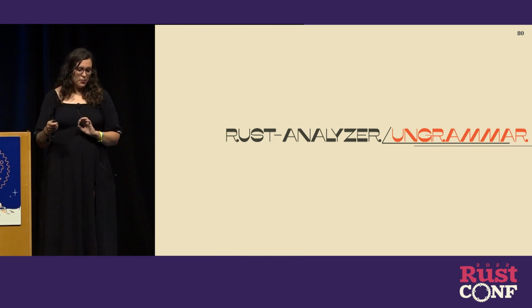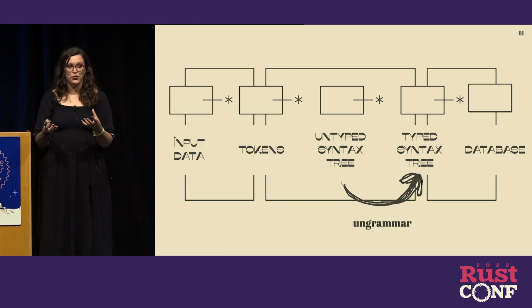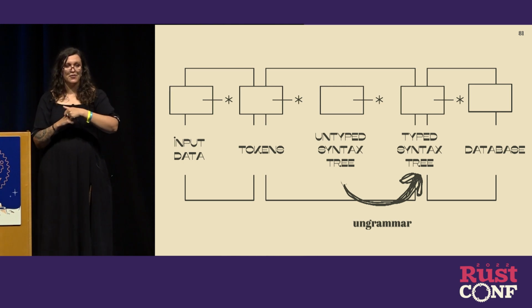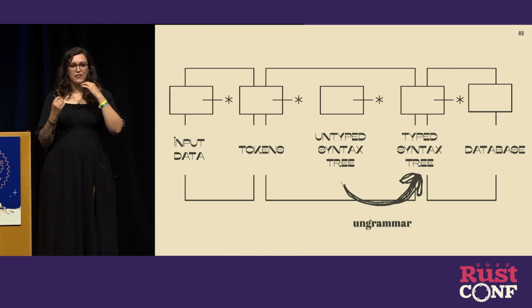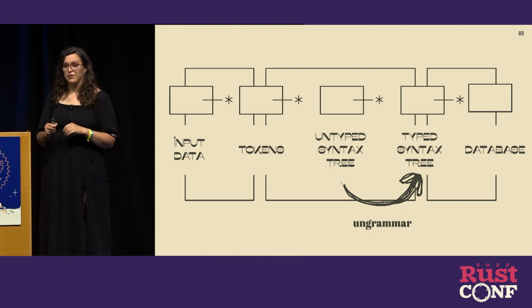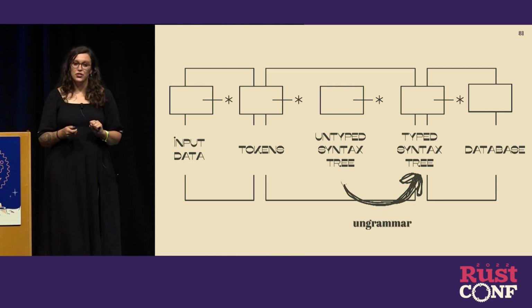This means that in a combination of the two things, when we use ungrammar and when we use Rowan, we can be quick with recursive descent parsing. We can have the benefits of having diagnosable code and create errors, but we can also have the benefits of having a really easy to use typed syntax tree at the end. So it's fast, and you get an ergonomic API at the very end for your AST, which I really like.